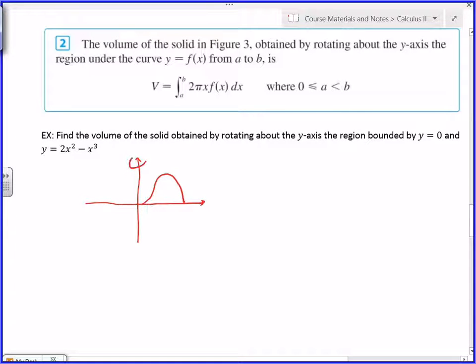I'm going to revolve this around the y-axis. So I'm going to choose an x in between here, and I'm going to go up to that height. You get this little rectangle that's now going to be the edge of a shell that's going around. I'm not going to draw the whole thing, I'm just going to draw the one shell for now.